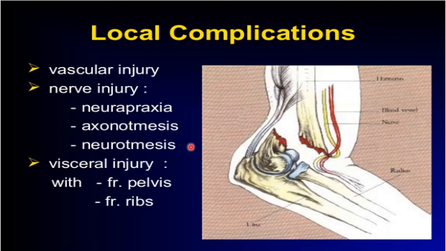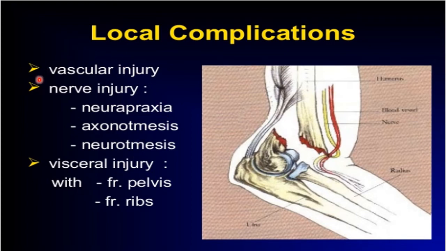Visceral injuries, especially with fractures of the pelvis and fractures of the ribs. For example, a fractured rib can puncture a lung when it is pushed inside, and in fractures of the pelvis, it can rupture the urethra, rupture the urinary bladder or the rectum, and in case of ladies, the vagina or the uterus, leading to injuries.